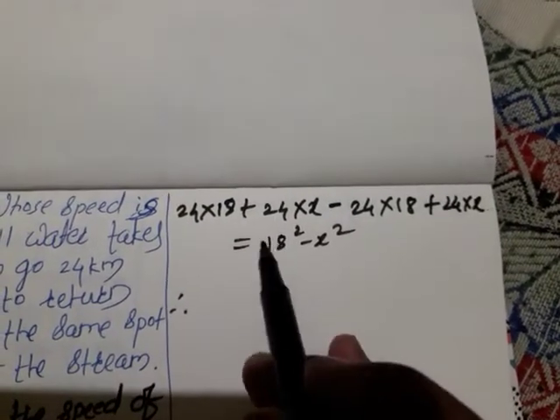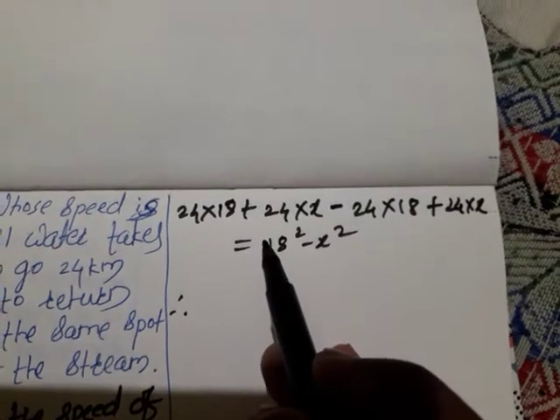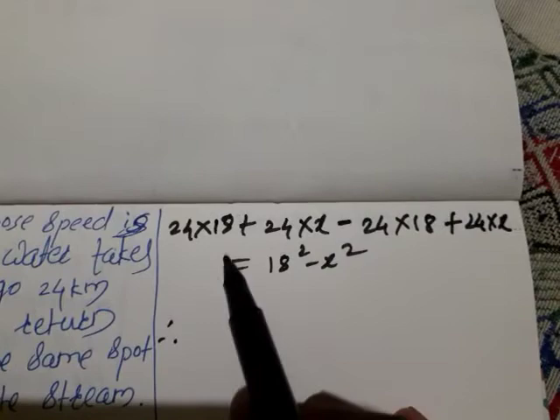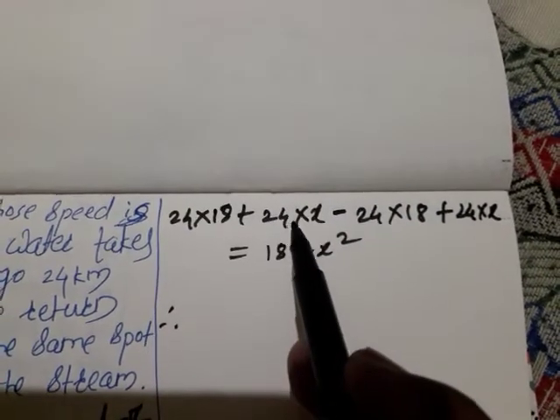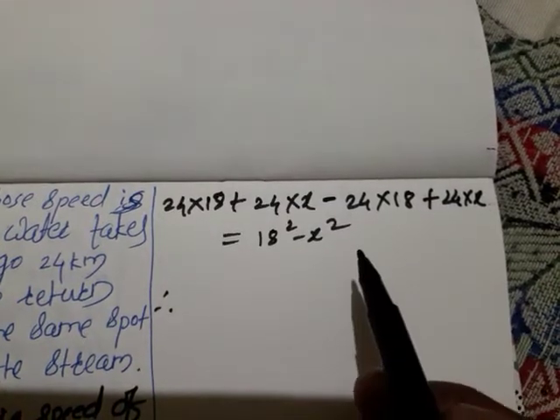What will we get? See, 24 into 18 plus 24 into x minus 24 into 18 plus 24 into x.